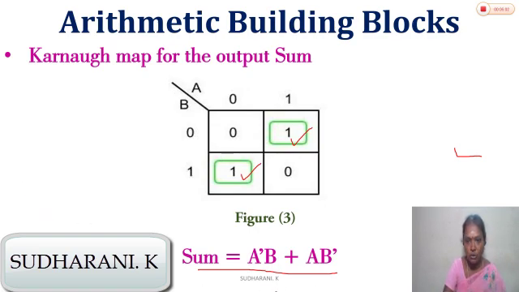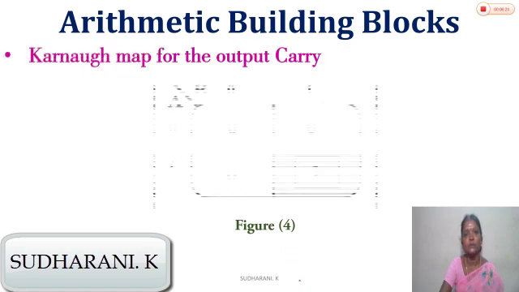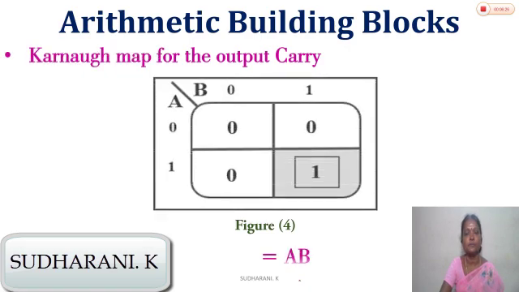And as we know, this is the logical expression that corresponds to the output of a two input exclusive OR gate. So we can implement the sum with an exclusive OR gate with two inputs. Consider the Karnaugh map for the carry.